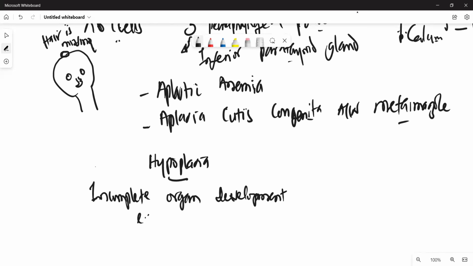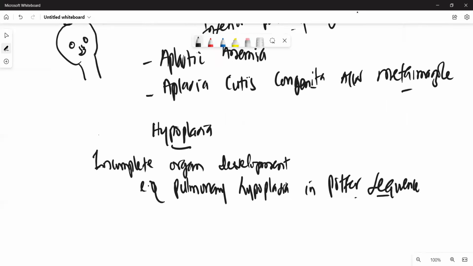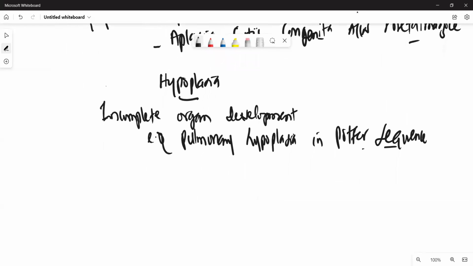A classic example is pulmonary hypoplasia in Potter sequence. Patients who have Potter sequence can develop pulmonary hypoplasia, which is what kills them, because it's the most common cause of death in these patients.